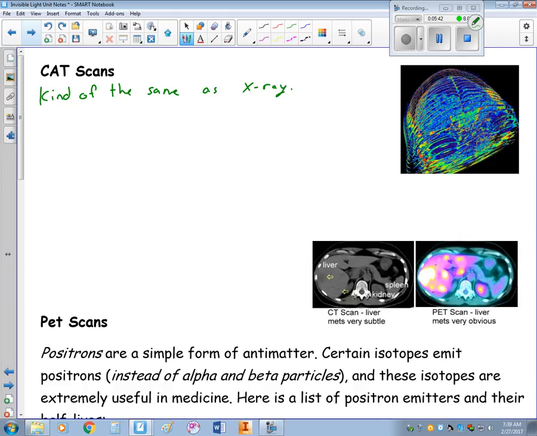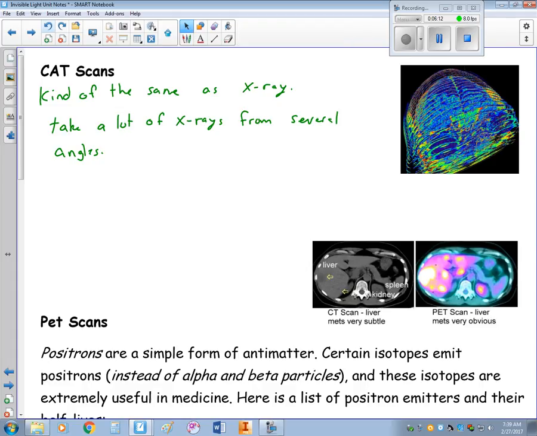We take several X-rays from different angles. And then we use a computer to make a 3D image from all of those. Now, taking it from several different angles, we call that tomography.